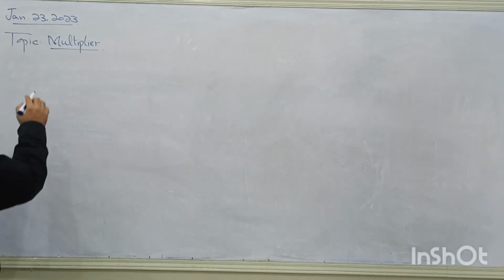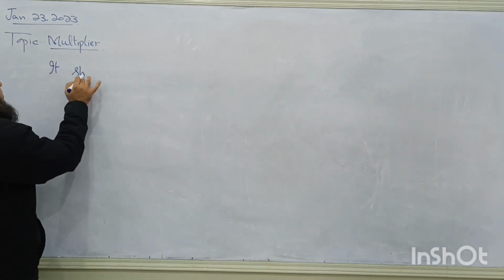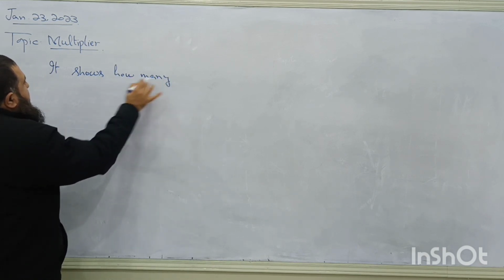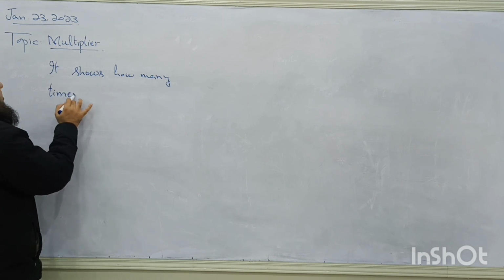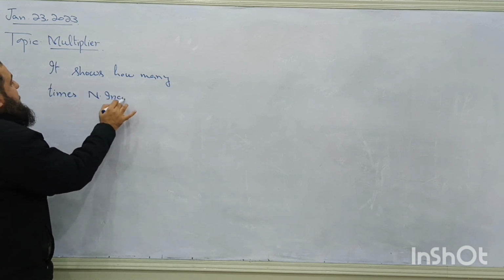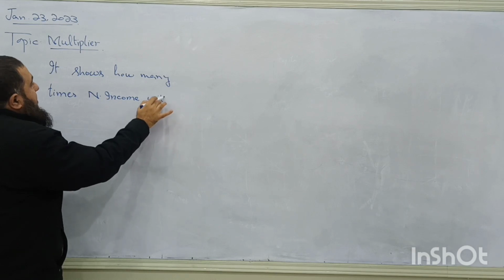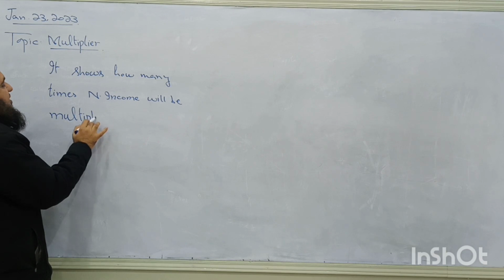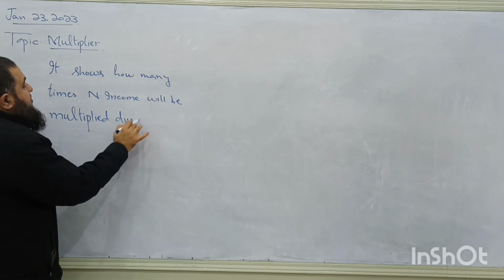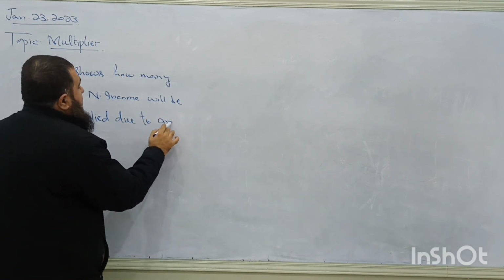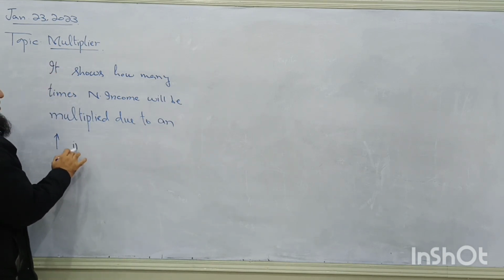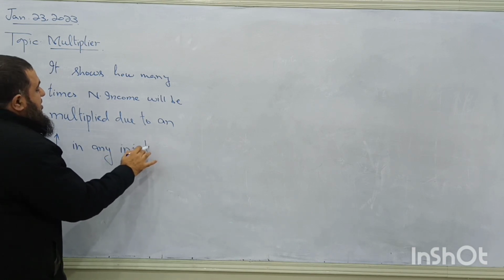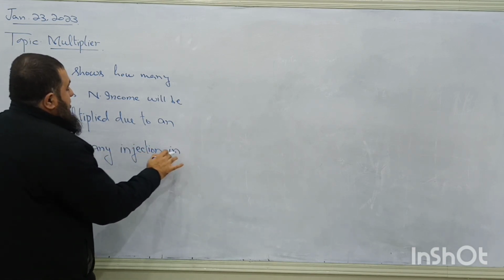Okay. Now it shows how many times national income will be multiplied due to an increase in any injection in an economy.